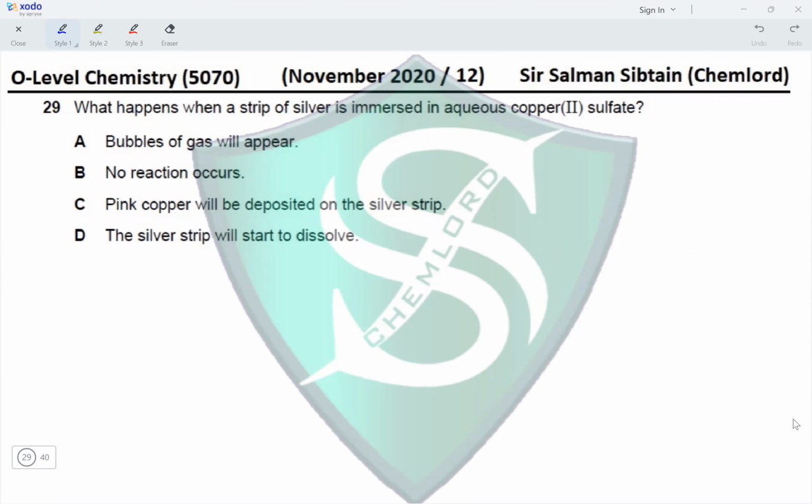Wait a minute. Copper is more reactive than silver. So silver being less reactive will not displace copper. So it will not react. So no bubbles of gas will be seen. Pink color of copper will not be deposited and silver metal strip will not begin to dissolve because no reaction will occur. This makes option B the correct option for this question.